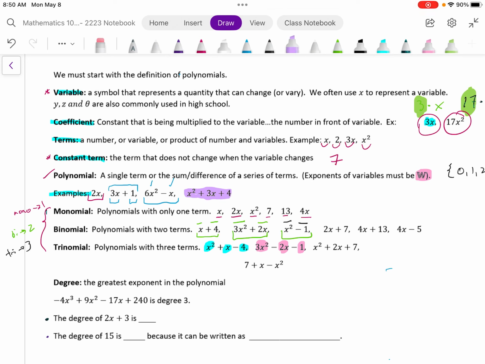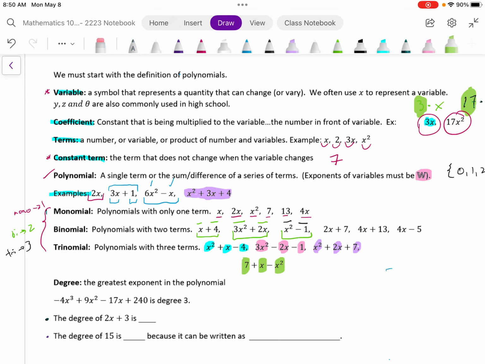Now, x squared plus 2x plus 7: we have one term here, second term, third term. So this is three terms, and each term is being added. Going down to the bottom here, 7 plus x minus x squared. It's arranged in a different order, but it's still a trinomial.